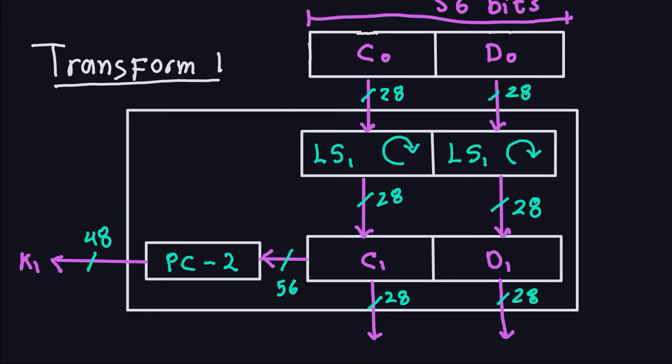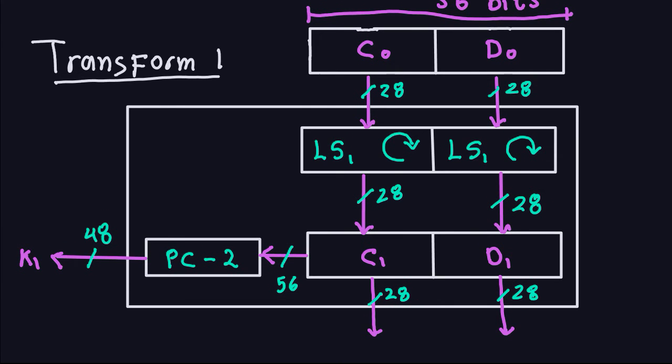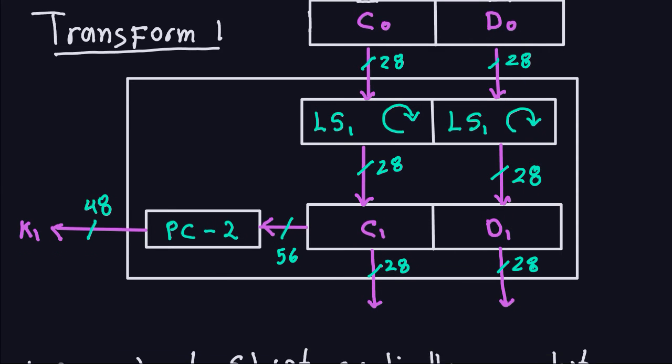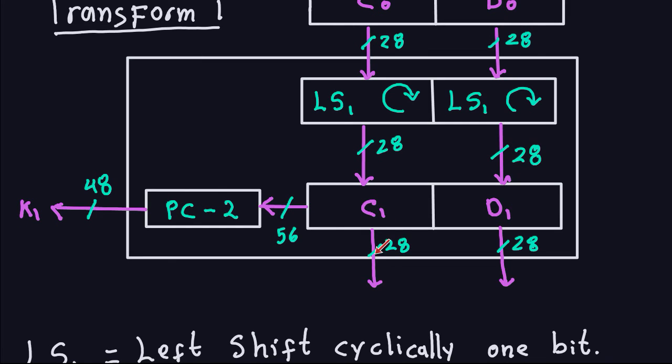Now, this is transform 1. The input of the next one, transform 2, is going to be this block here, which is, of course, divided into 28 and 28. So the input of the next transform will be C1, D1, and so on and so forth.